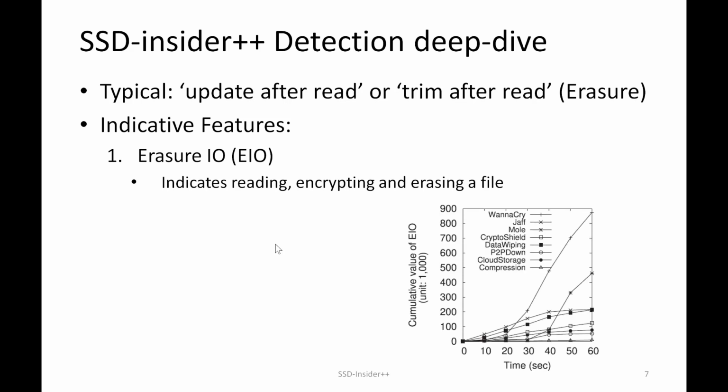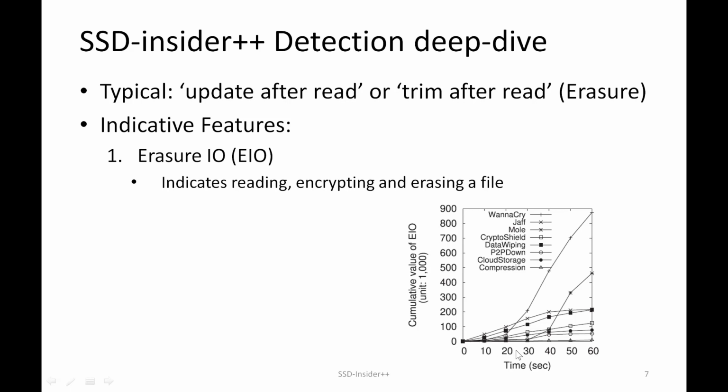It's not always, right? So here is the observation of the authors. The graph shows on the x-axis the timeline and on the y-axis the cumulative value of erasure IO, right? The unit is 1000, so 100 means 100,000 erasure IOs have been observed, right?